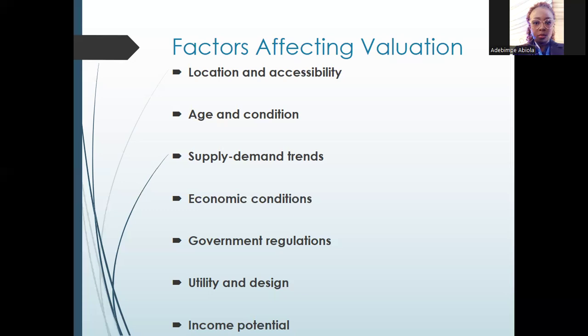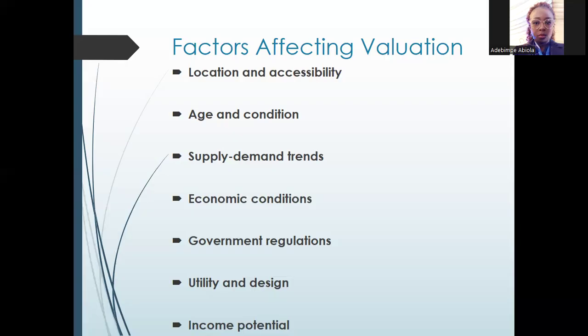Let's just assume this kind of property can be situated in, don't let us even go to Island, can be situated in Ikeja. Do you know the value it will command? So in a way, it tells you that location is very paramount.